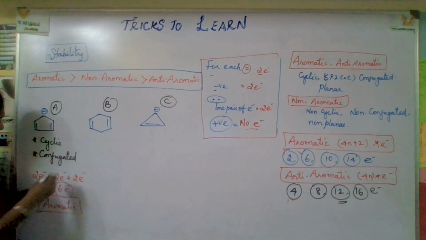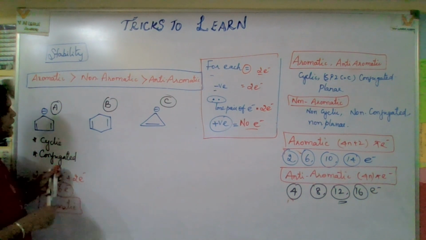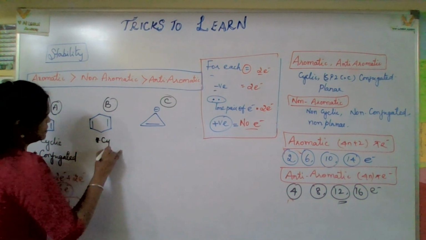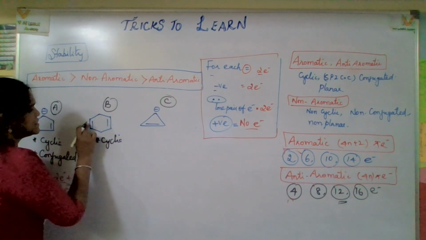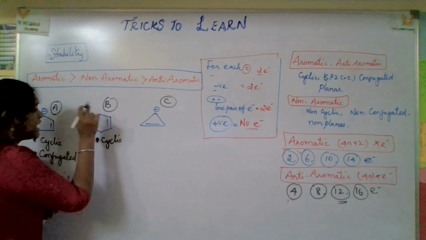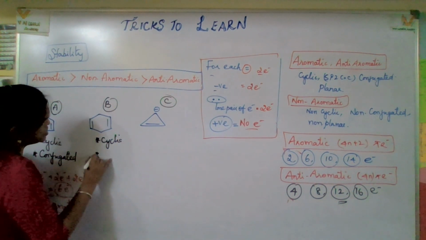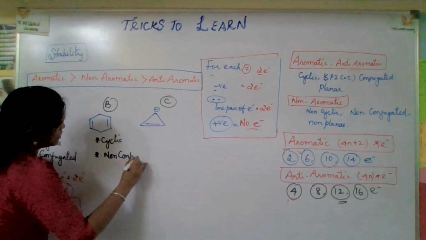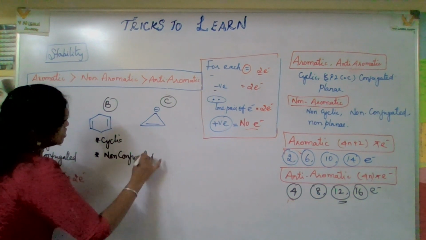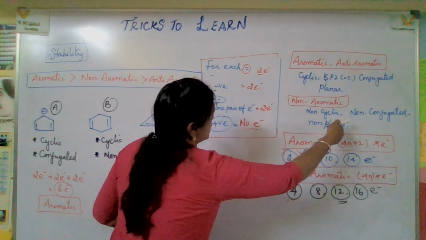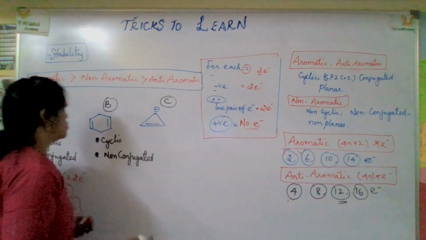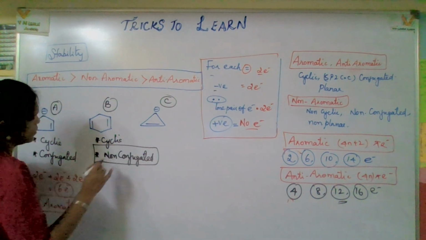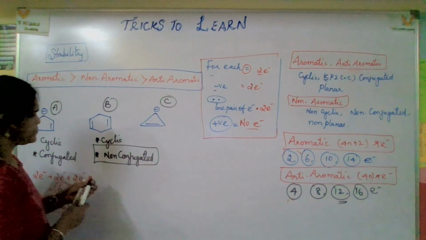Then the second one is cyclic. It has a double bond, single bond, and here also a single bond. So it's a non-conjugated system, which means non-conjugated, non-planar. So this comes under non-aromatic. Now the next one.